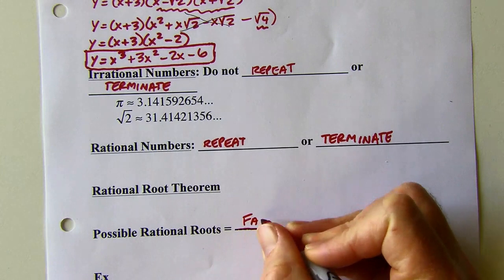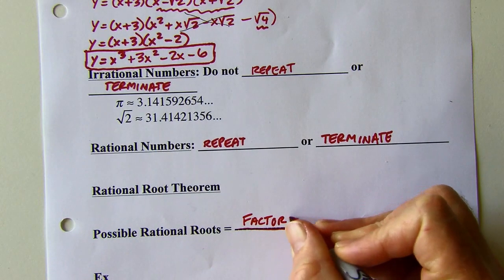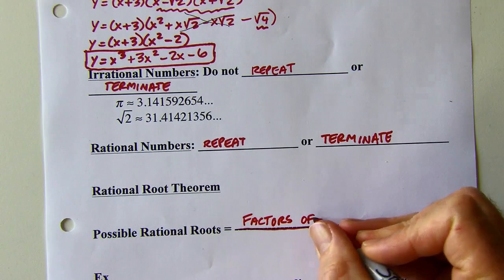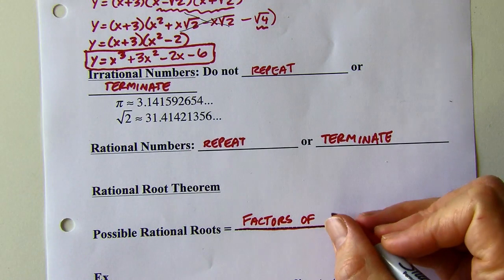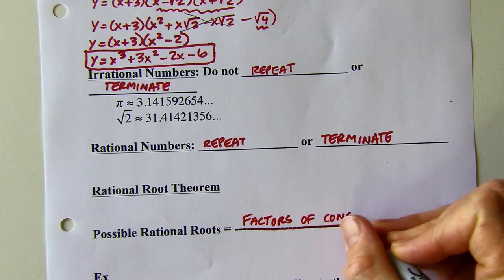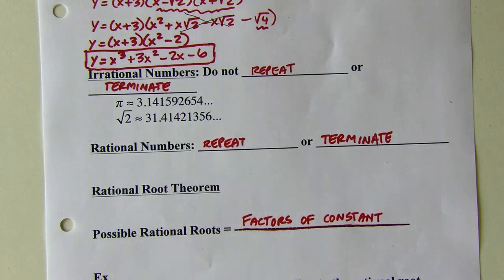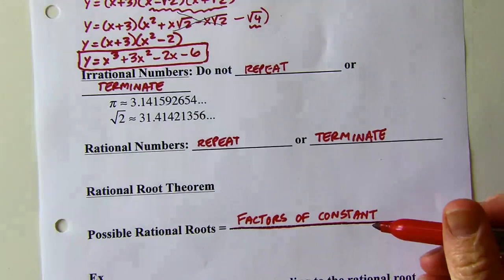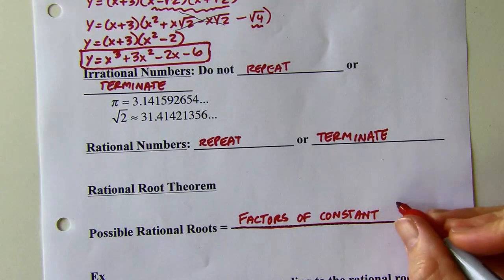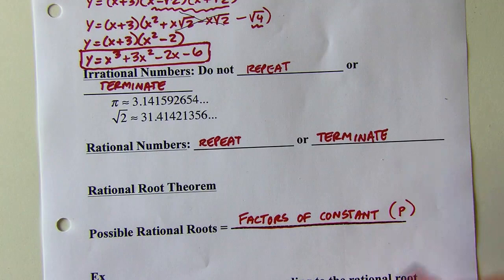So I'm going to take the factors of the constant on top. Okay, so I've got the factors of the constant, and I'm just going to use a lowercase p to symbolize that.